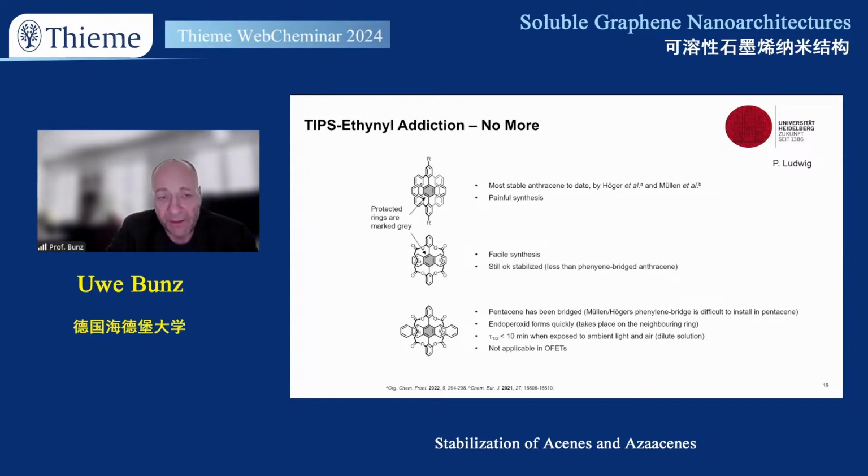Good. So one of the things I also want to talk about is our addiction to TIPS ethynyl. So everybody uses them, but there is an alternative, and that's the use of bulky phenylene groups here.